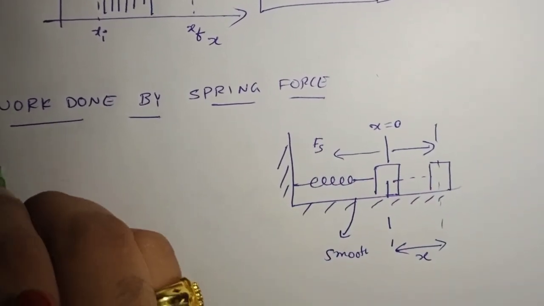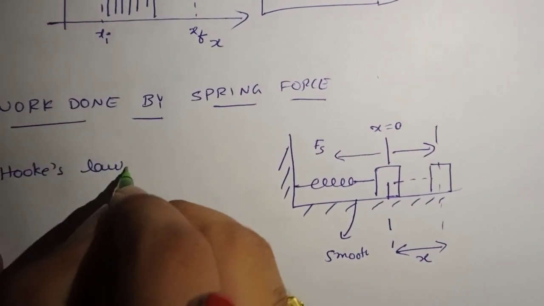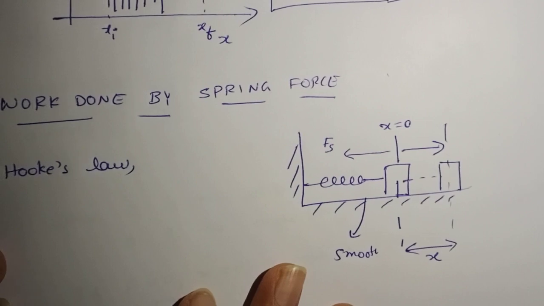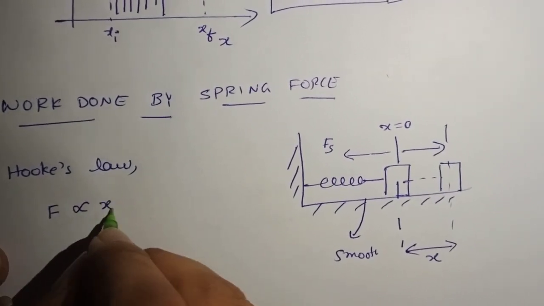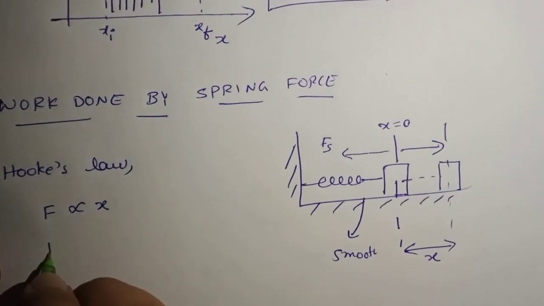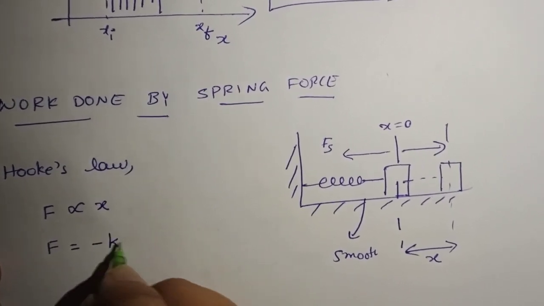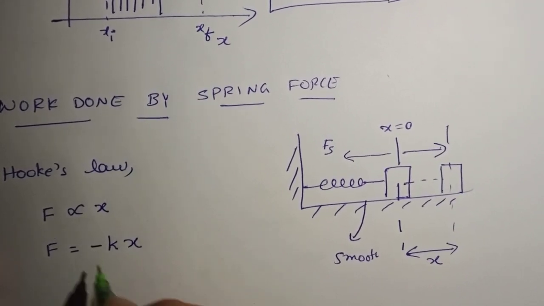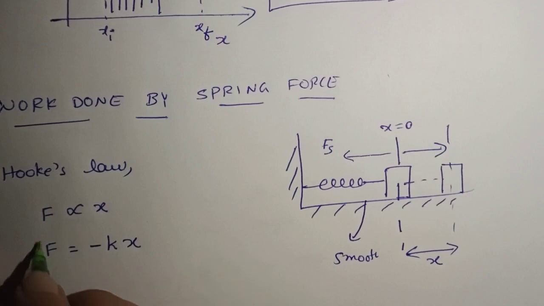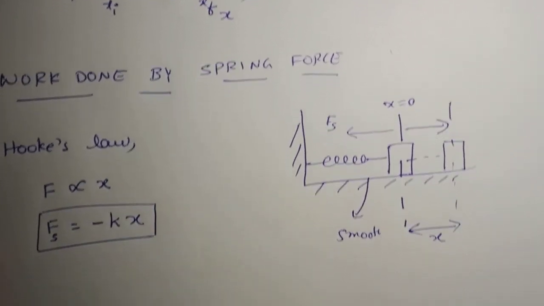So from Hooke's law, we know that force is directly proportional to extension produced in the spring, or force is equal to a proportionality constant k into x, where this negative symbol indicates that force and displacement are in the opposite direction. F, the spring force, is equal to minus k into x.